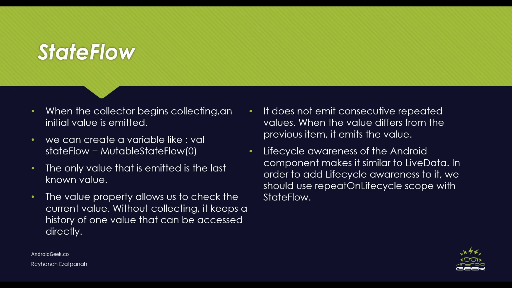And also, the value property allows us to check the current value without collecting. It keeps a history of one value that can be accessed directly. The other thing to know is that it does not emit repeated values. When the value differs from the previous item, it emits the value.